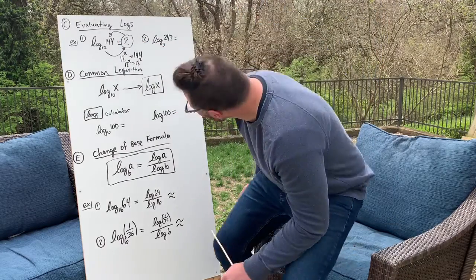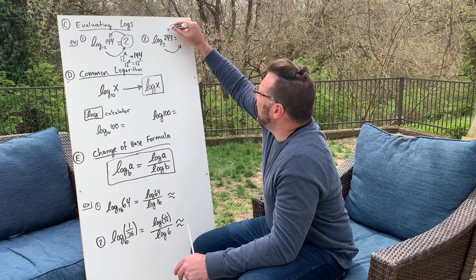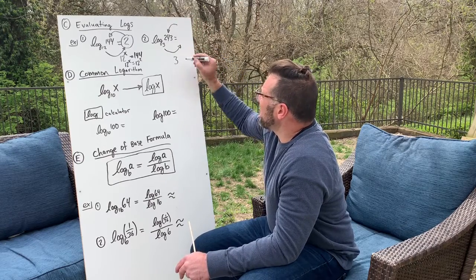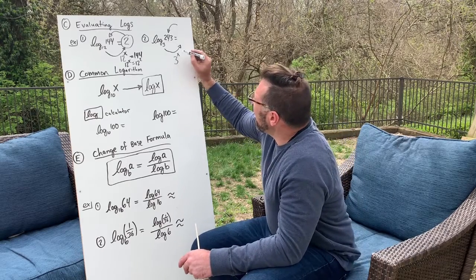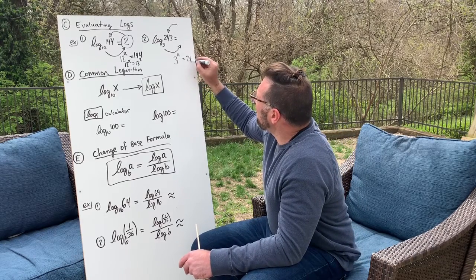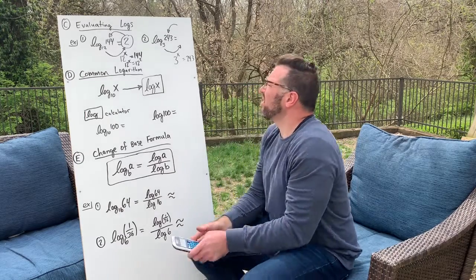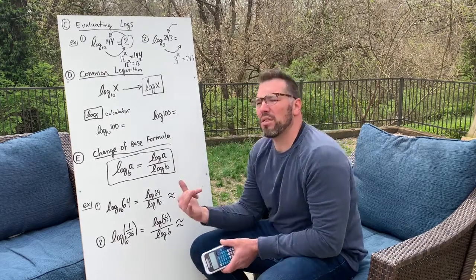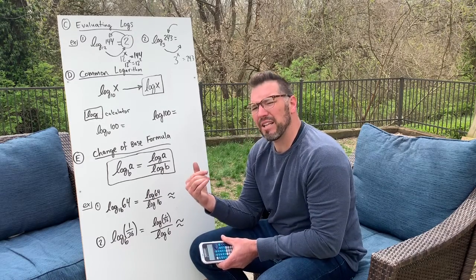Same thing here. The question is, well, what do we have to raise 3 to get 243? Let's see, 3 to the x equals 243, okay? Well, I'm going to have to go to my calculator here because I don't know off the top of my head. I know that 3 cubed is 27, so maybe it's 3 to the 4th.